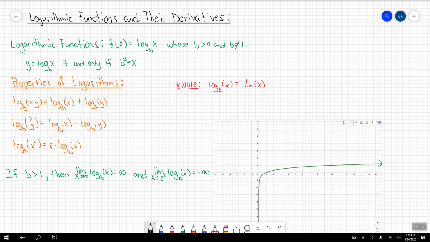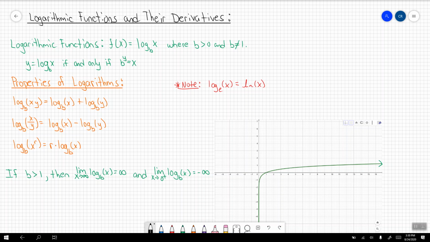Now, very similar to where we had properties of exponential functions, we will have properties of logarithms. And these properties of logarithms that we see on the left-hand side of the screen in orange are the logarithmic properties that we are going to be working with.